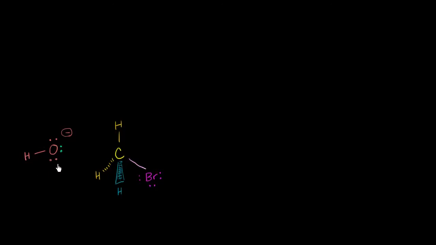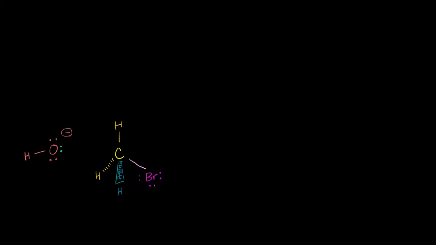So let's think about what might happen under the right conditions. This hydroxide anion, we've already gone over the fact that you can view it as having an extra electron, which gives it its negative charge. If you have a negatively charged anion like this, it will be attracted to positive things. One example of a positive thing is a nucleus.